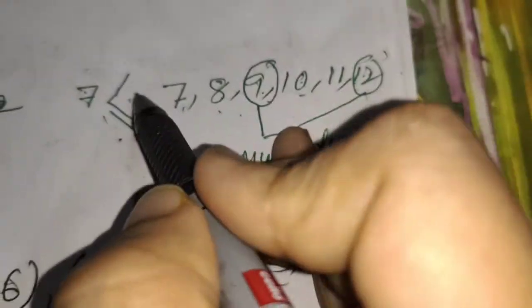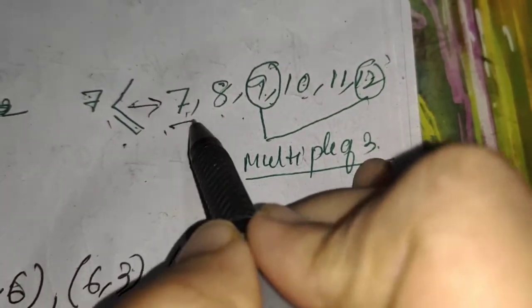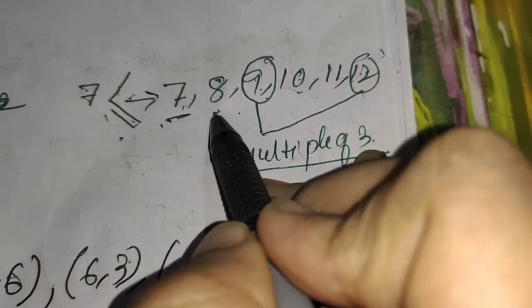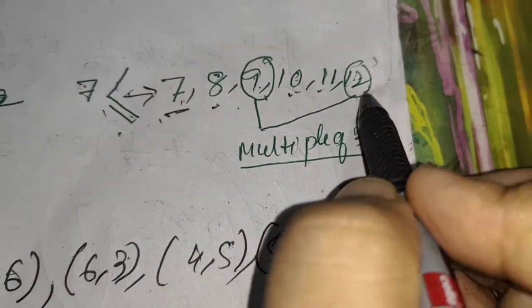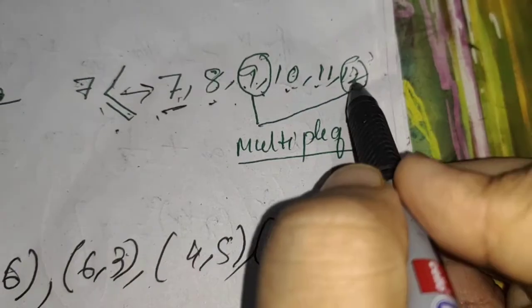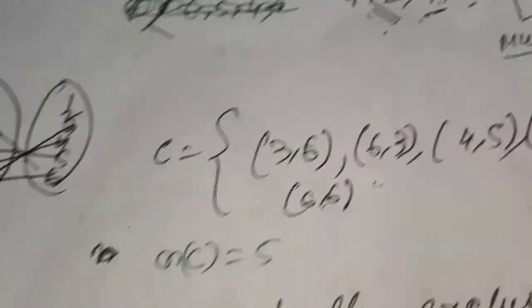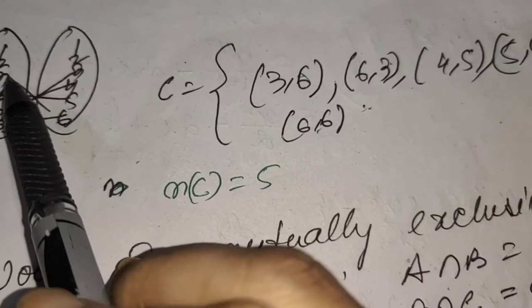The sum will be 7, 8, 9, 10, 11 and 12. Out of these, the multiples of 3 are only 9 and 12. So your C will be like this.